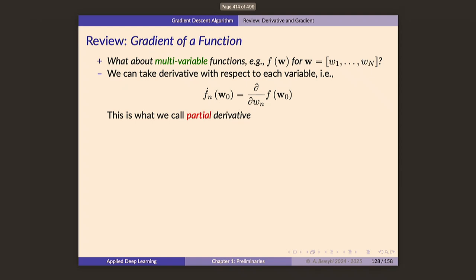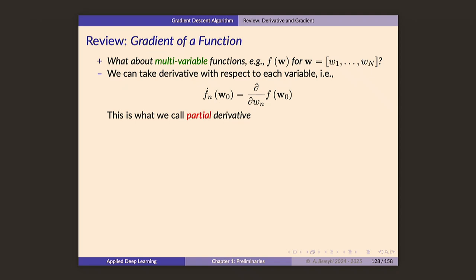Great. So now we can just extend the same idea when we have a multidimensional function, and we only need to get the idea of partial derivative. So if I have this function, which is a function of multiple variables, let me just try one example here. Say I have this function f, which is a function of two weights.